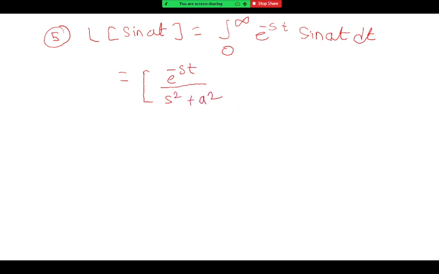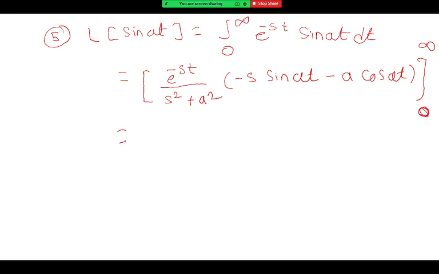In this case, a is minus s and b is a there, between limits 0 to infinity. Got it?